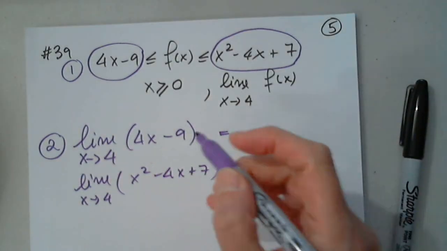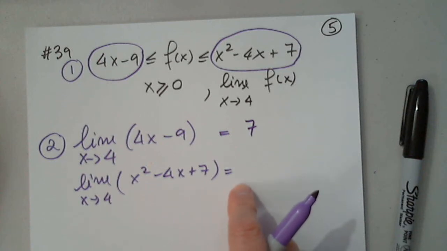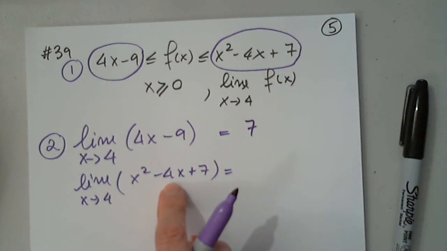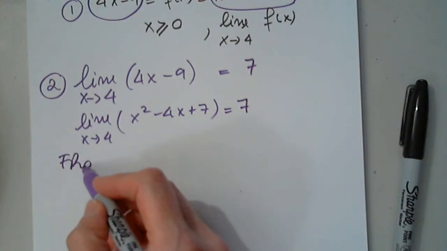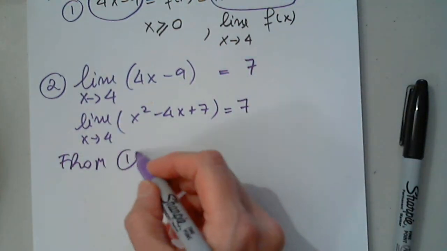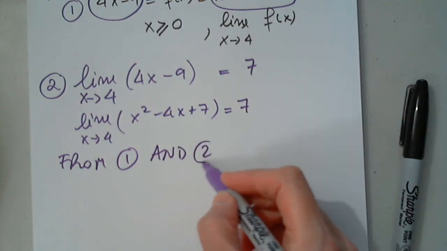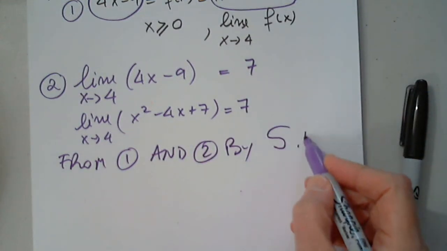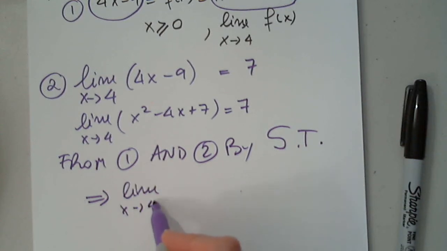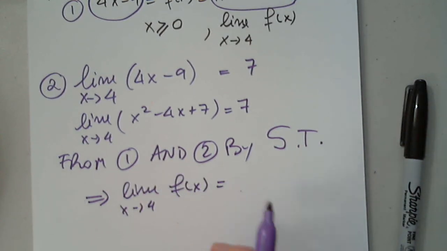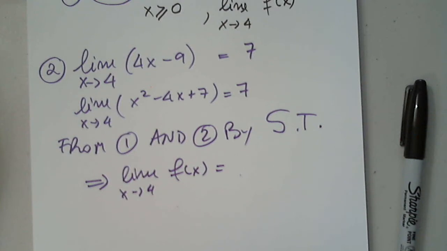So 4 times 4 is 16, 7. And what about for this one? 16 minus 16, 0, 7. Good. So now from 1, we don't even have the function, notice again. From 1 and 2, by the Squeeze theorem, what do we conclude about the limit as x approaches 4 from either side of f of x that we don't even have?